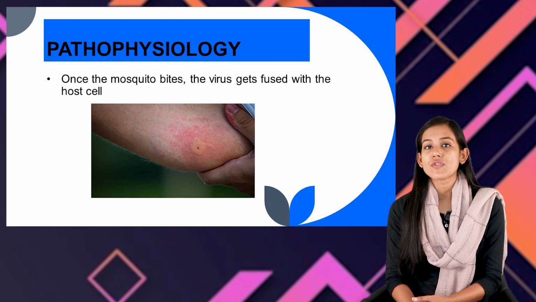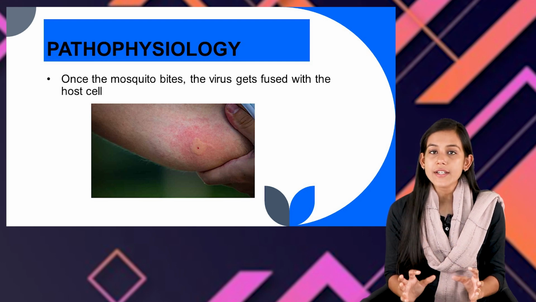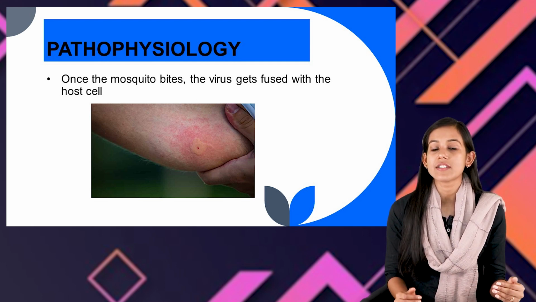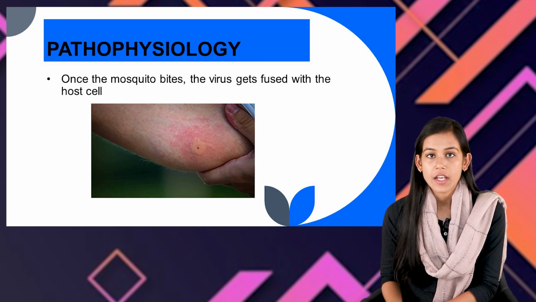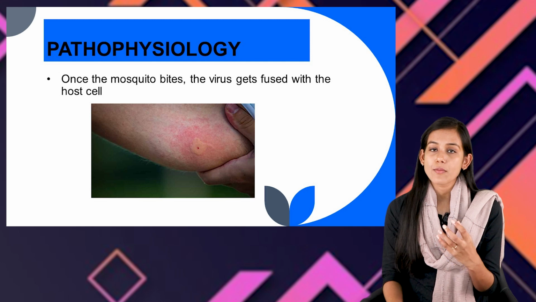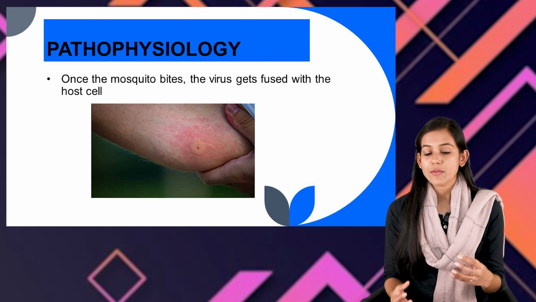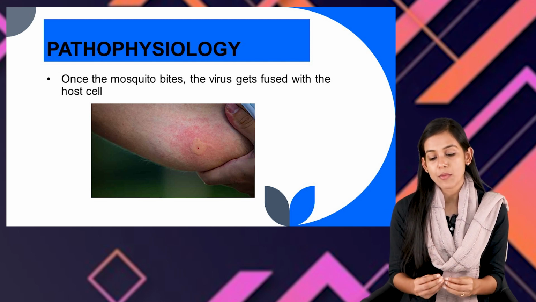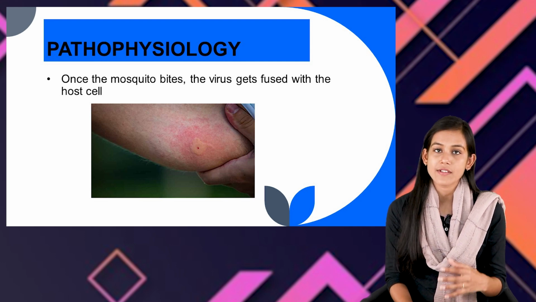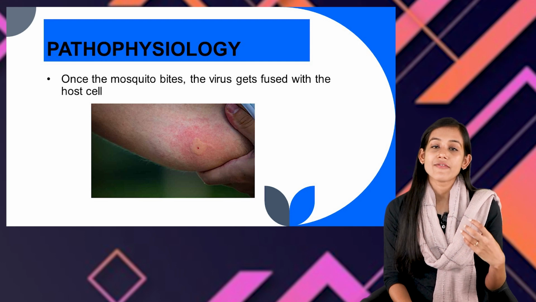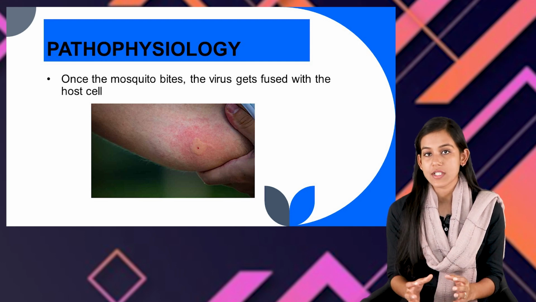Now, next let us move on to pathophysiology. We already know that this infection is spread through infected Aedes mosquitoes. Once the mosquito carrying the virus bites, the virus enters into the human body and gets fused with the host cell.